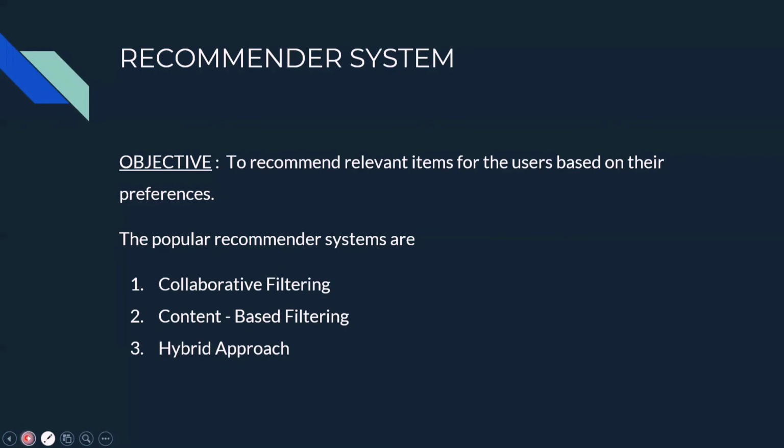It doesn't recommend those traditional items; it recommends what we want. That kind of recommender system is built today. The popular recommender systems are collaborative filtering, content based filtering, and the hybrid approach.